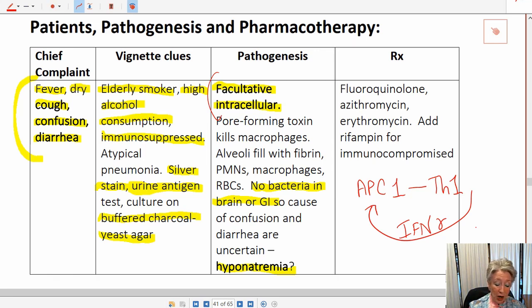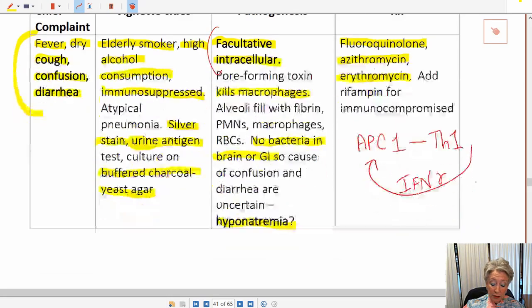It produces a toxin that kills macrophages, and the alveoli will fill up with the responding cells. I do not have any bacteria, as I said, in the brain or the GI. I treat with fluoroquinolones, azithromycin, erythromycin, add rifampin for the immunocompromised.